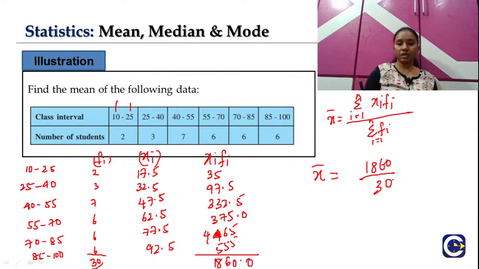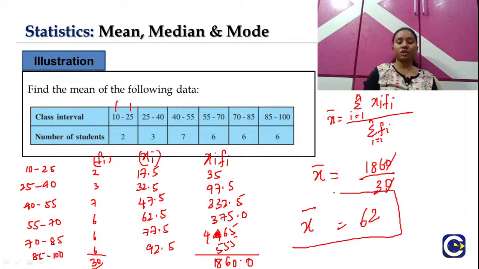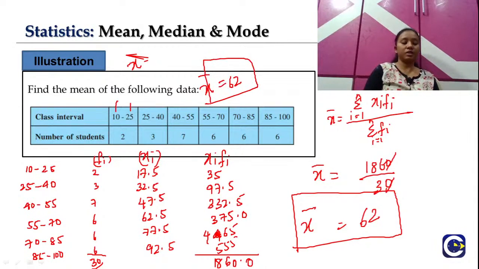So let's divide. 3 6s are 18, 3 2s are 6. That means the average of the given data in terms of the class intervals is equal to 62, which means x bar here is equal to 62. So this will be the final answer.